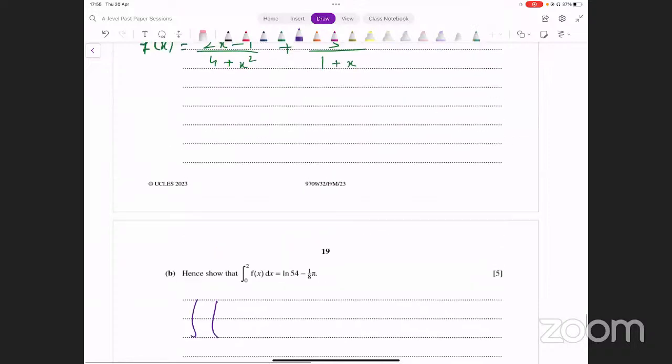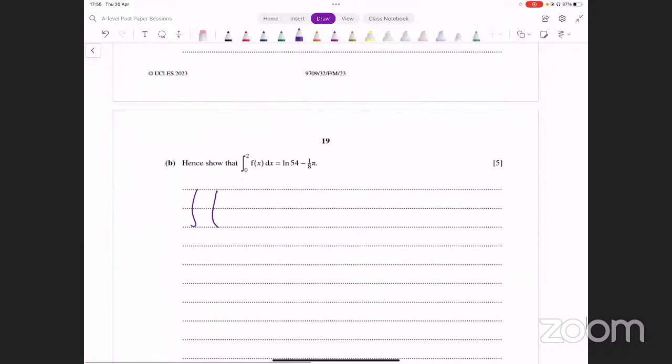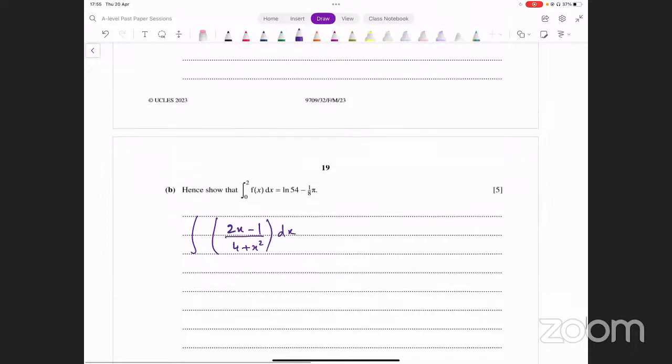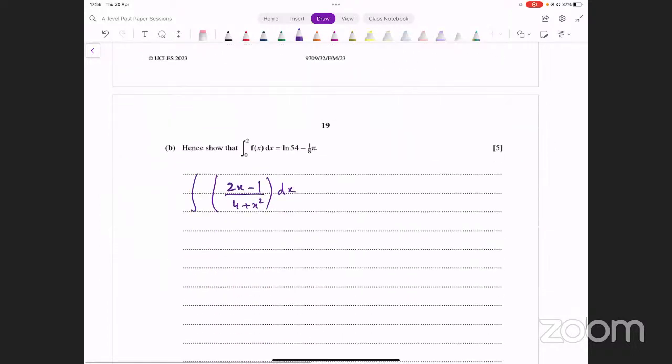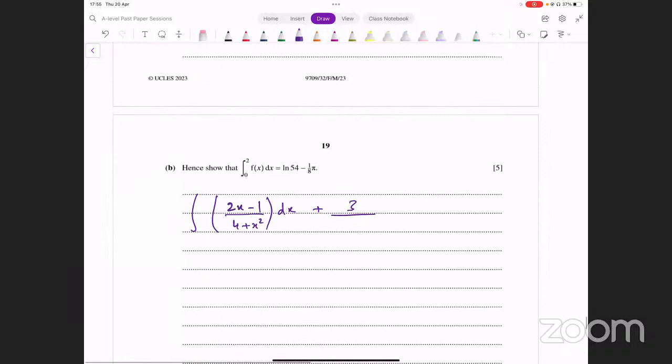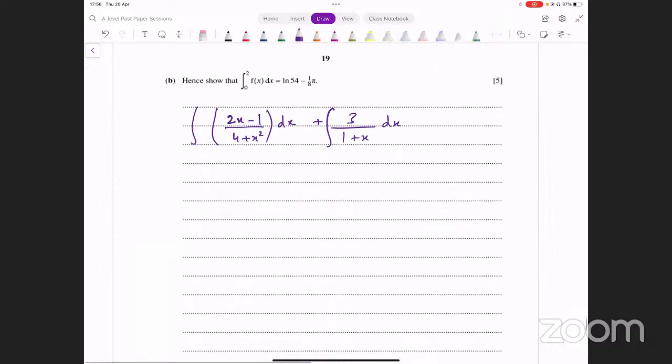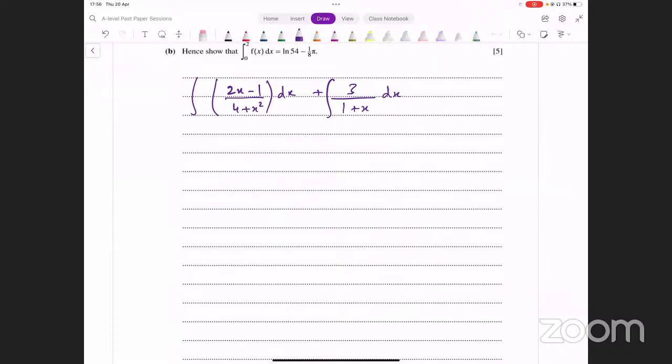Integration of 2x minus 1 over 4 plus x square with respect to x, that's one fraction. Then you have 3 over 1 plus x. एक आपने इसको integrate करना. Now, how do we integrate these two fractions? That's what we need to think about. So we have 2x minus 1 over 4 plus x square.